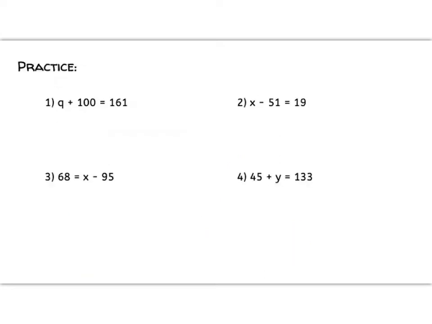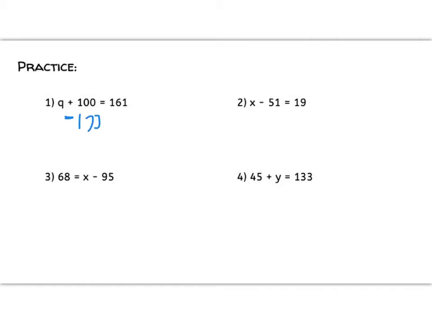Okay, let's do some more examples. Looking at this problem number 1, q plus 100 equals 161. On this left side of the equal sign, the q, which is my variable, is attached to the 100 by addition. So the opposite of addition is subtraction. And I need to subtract out 100.